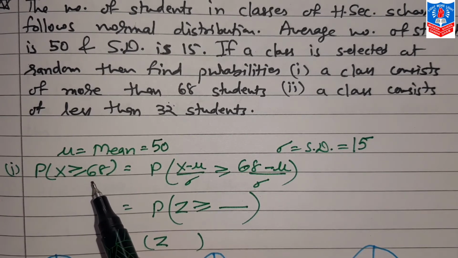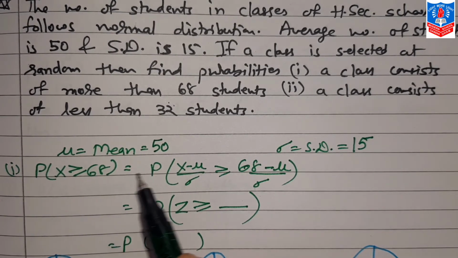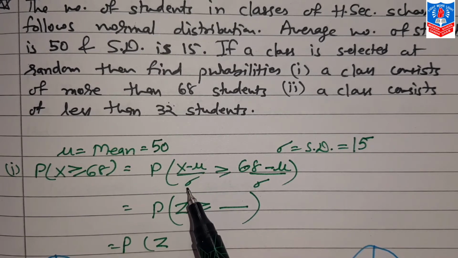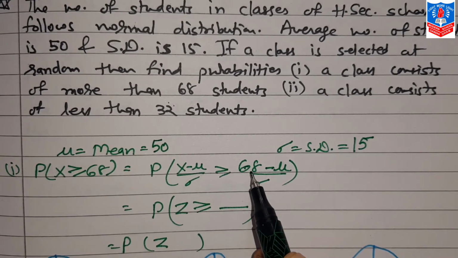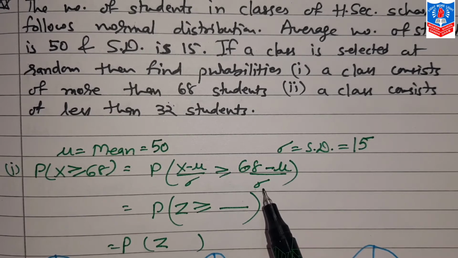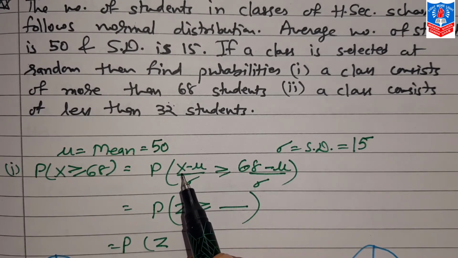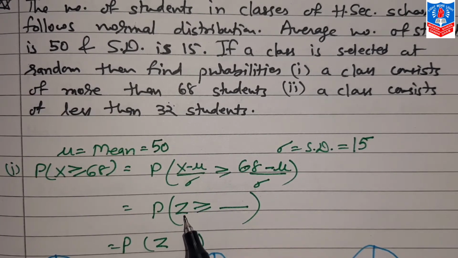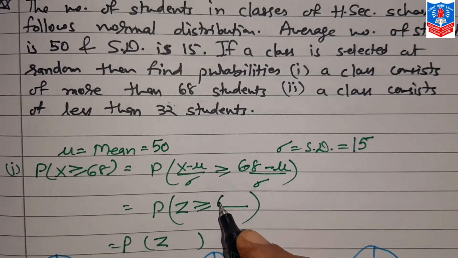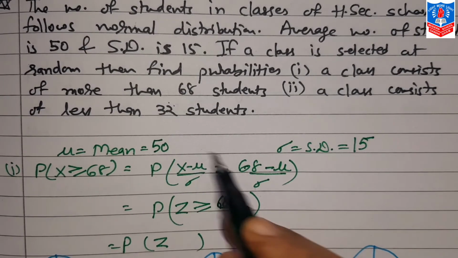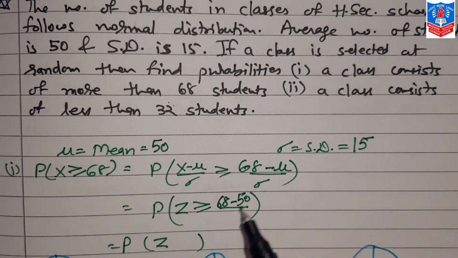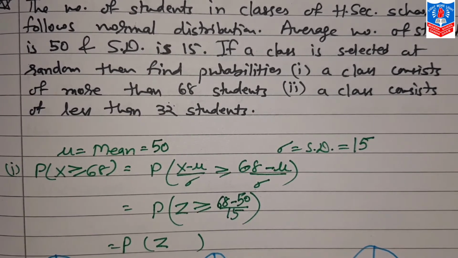So here more than or equal to 68. How we find: (x minus mu)/rho greater than or equal to (68 minus mu)/rho. Now here (x minus mu) upon standard deviation is Z only, greater than or equal to x value 68 minus mu, that is 50, and rho, that is 15.